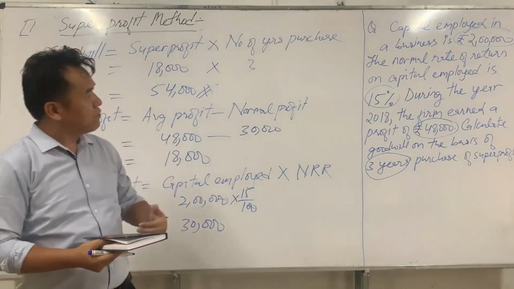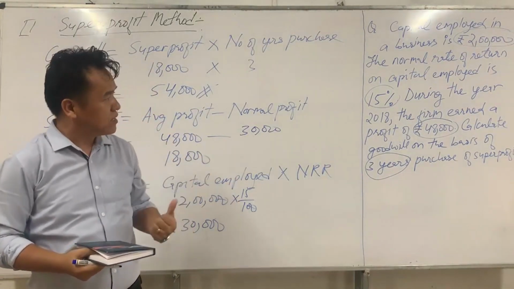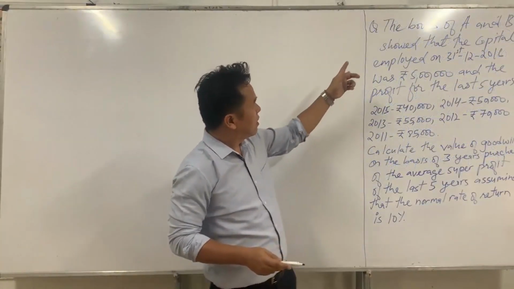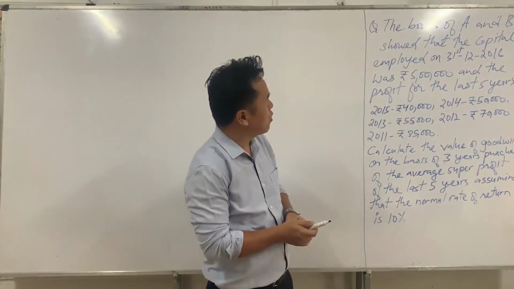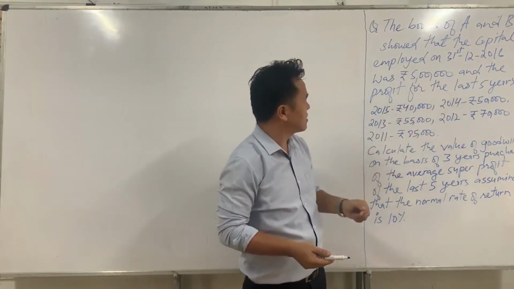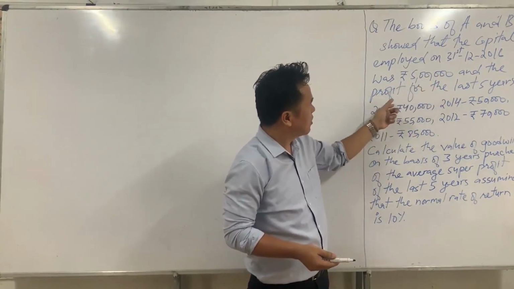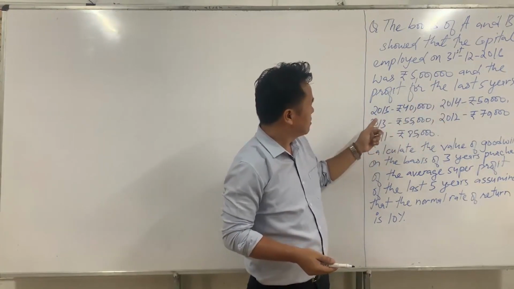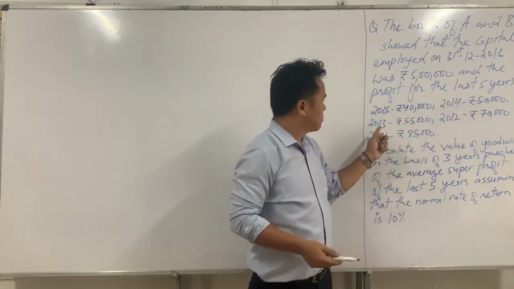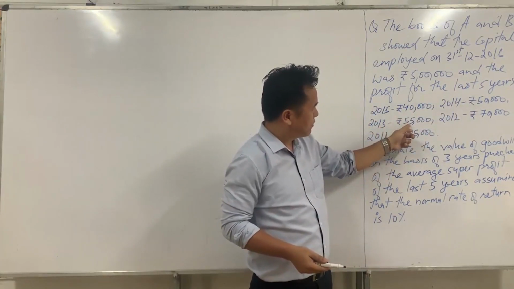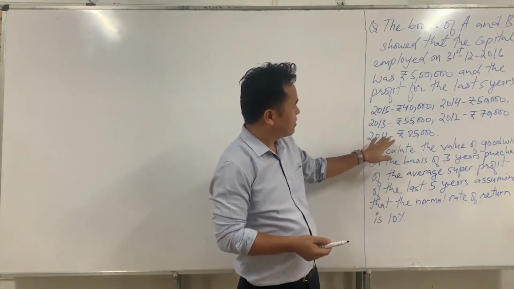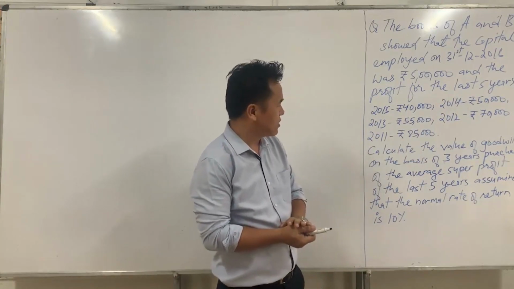Okay. I'm going to solve one more question so that we can understand the topic well. The books of A and B show that the capital employed on 31st December 2016 was rupees 5 lakh, and the profit for the last 5 years: 2015 rupees 40,000, 2014 rupees 50,000, 2013 profit was rupees 55,000, in 2012 the profit was rupees 70,000, and in 2011 the profit was rupees 85,000.